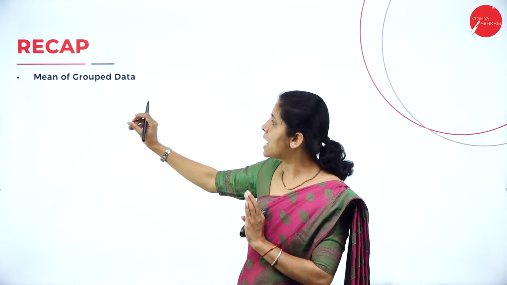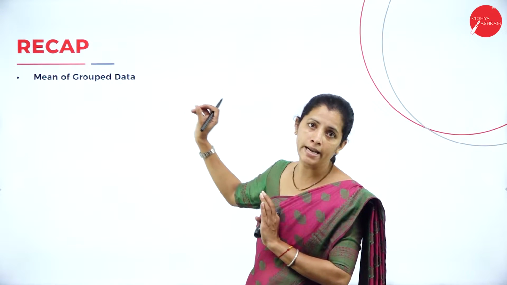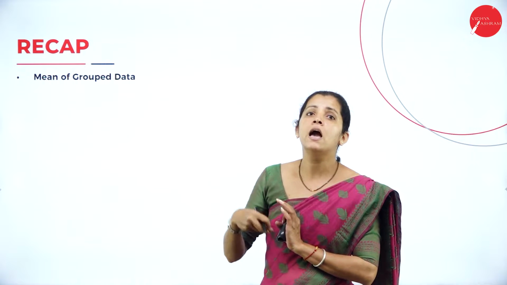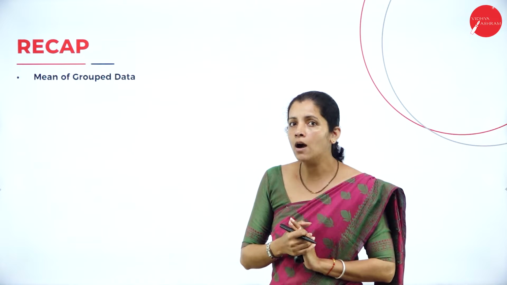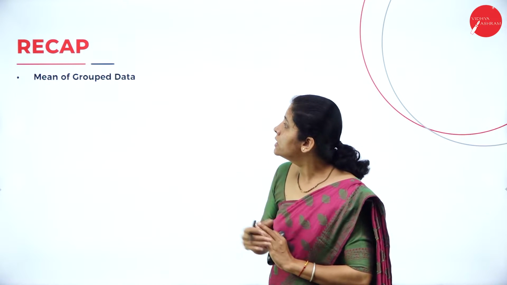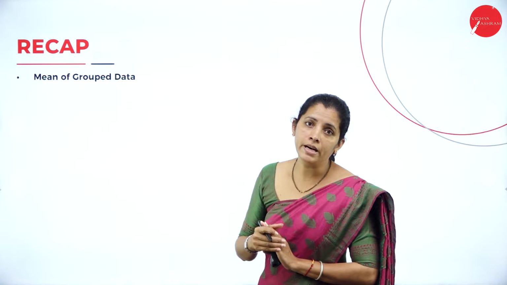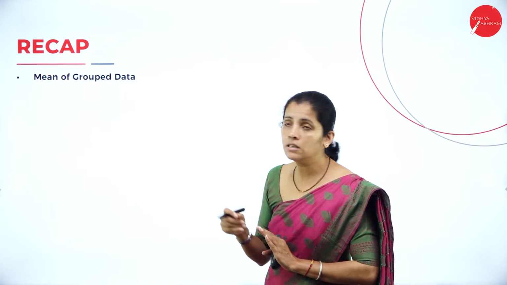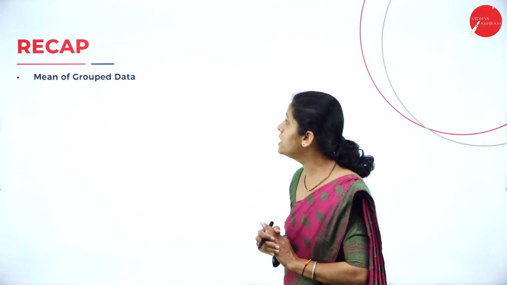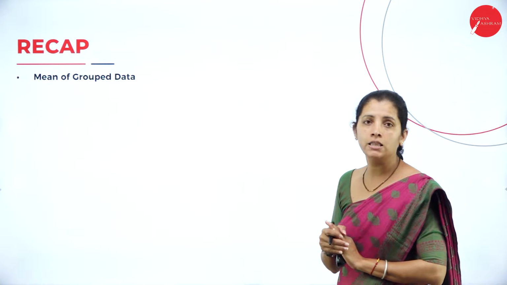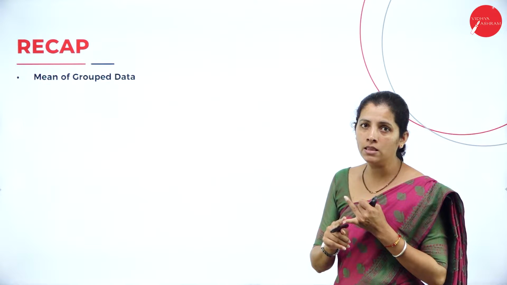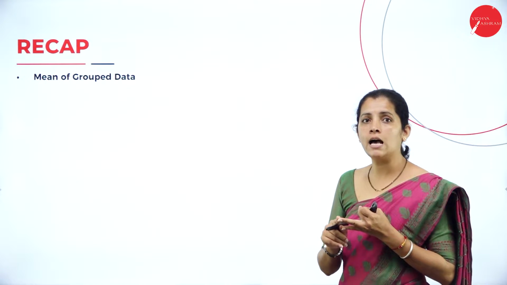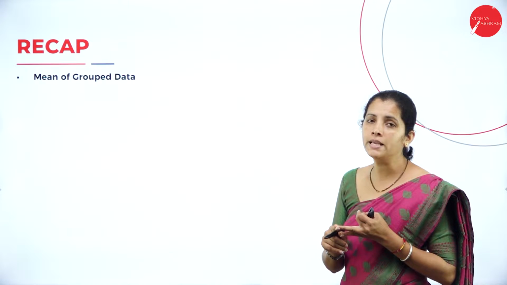That is known as mean of group data. Now let me tell the different types of methods used to find the mean of group data, that is nothing but the direct method, assumed mean method, as well as the step deviation method.